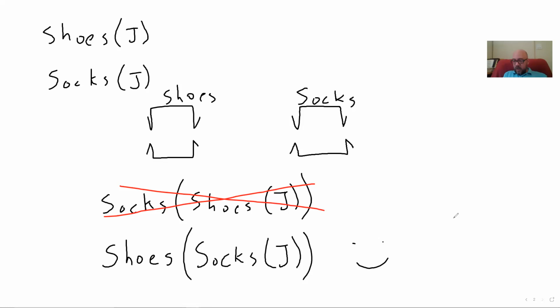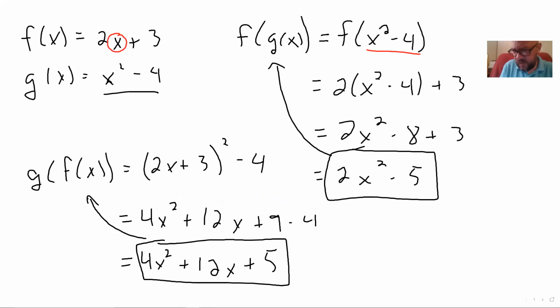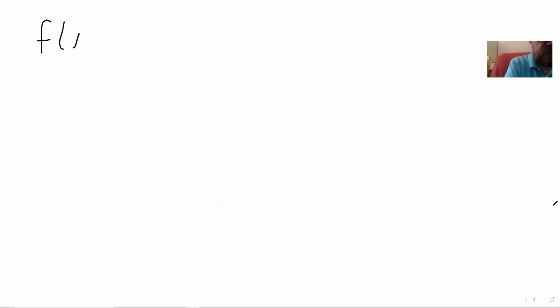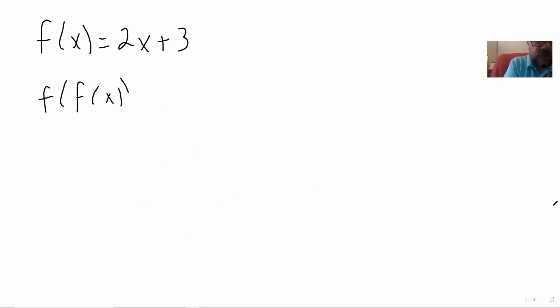Now, you can do other things besides just f of g. You can do f of f, for instance. So what was f? Was it 2x plus 3? I forgot my own function. 2x plus 3, okay. So if I have f of x is 2x plus 3, then I can do this, f of f of x, right? There's nothing saying that I can't take f of x and put it inside its own variable, because f of x is just 2x plus 3.